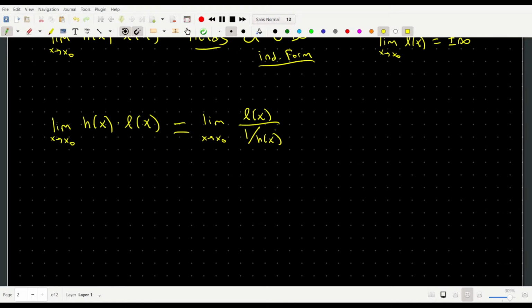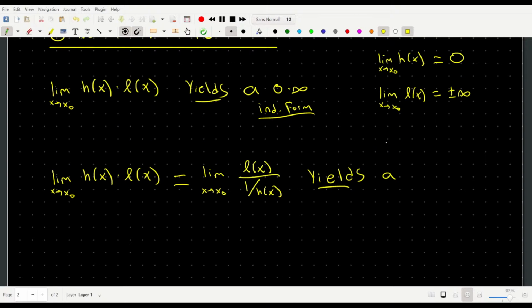But now this expression yields an infinity over infinity indeterminate form. And thus we can directly apply L'Hopital's rule to this quotient, which is very neat, because I've just rewritten the limit, but the type of indeterminate form it is changes with this rewriting of the limit.